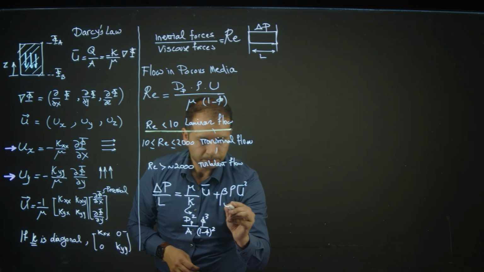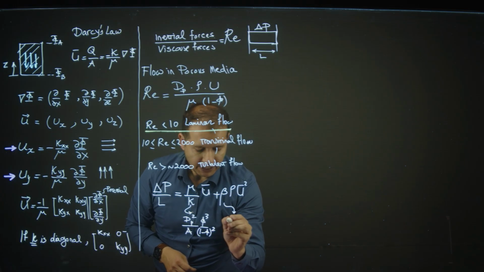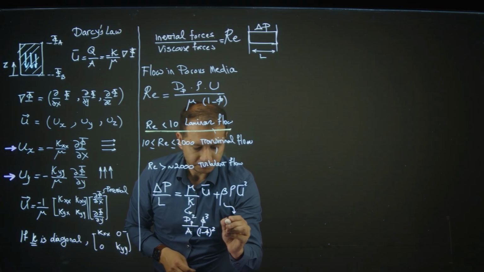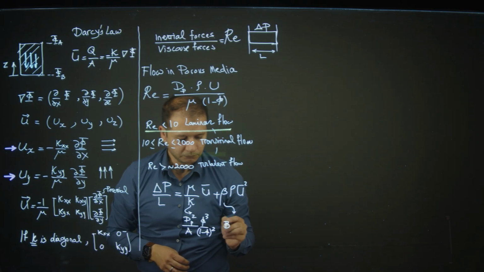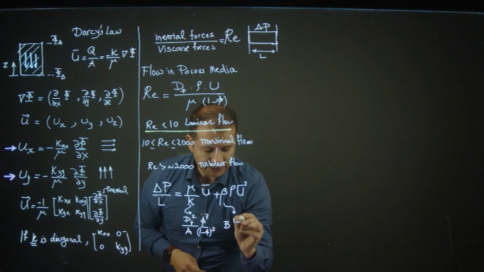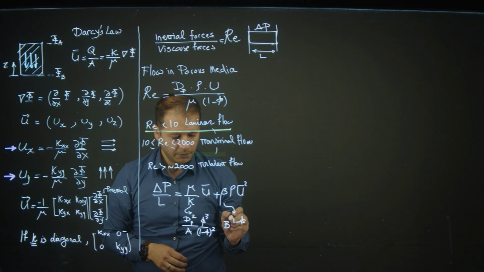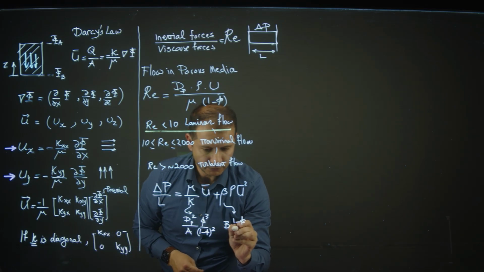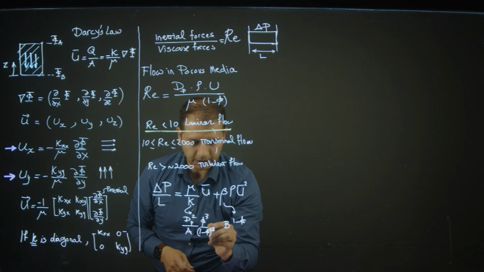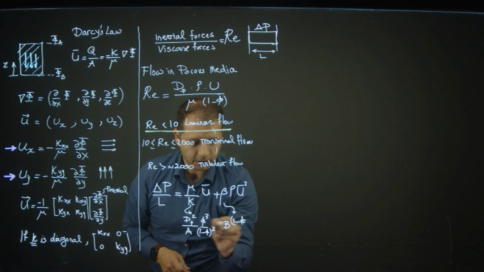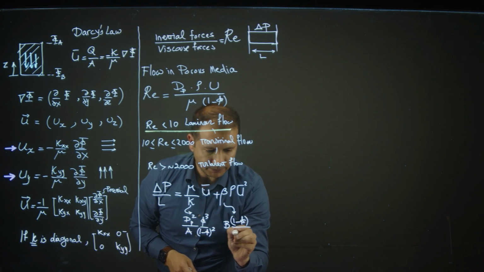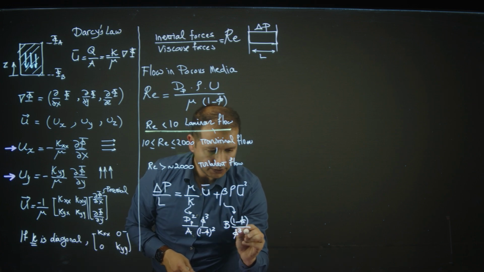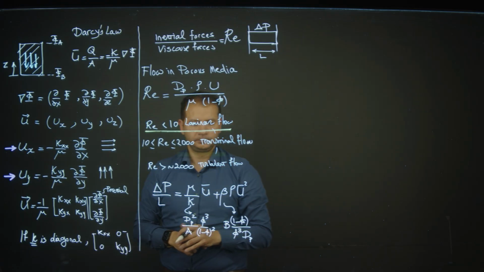So the beta is a factor like B times 1 minus porosity over porosity cubed times grain diameter dp. I'm talking about the A here, and here now B is 1 minus porosity divided by porosity cubed grain diameter dp.